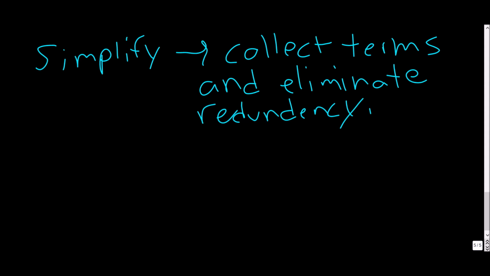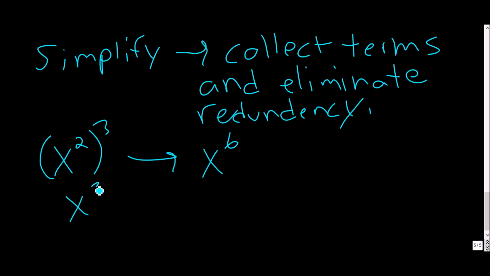Might be something like x squared cubed. Well, we can collect this together to make x to the 6th. We might also see x cubed over x. Well, this can make x squared, right? We've got some redundancy there, so we're trying to get everything we can together and simplify it as much as we can.